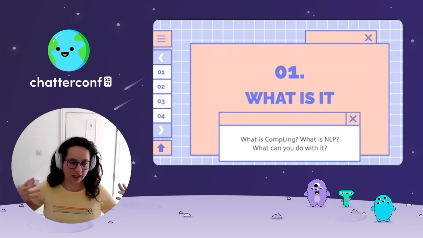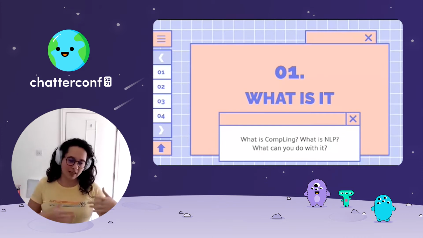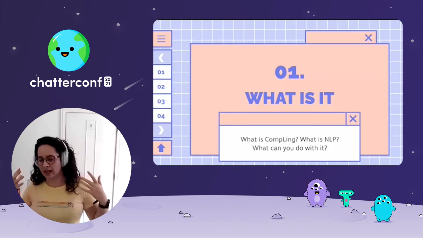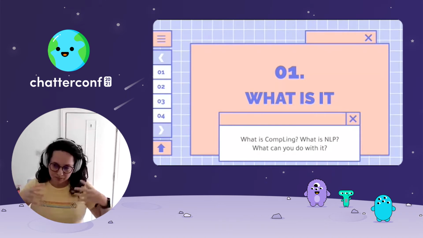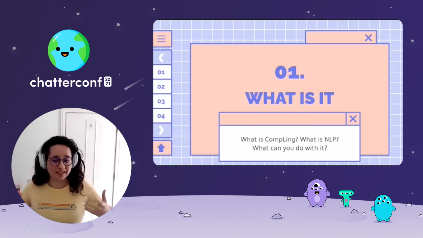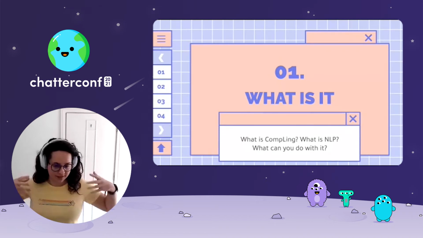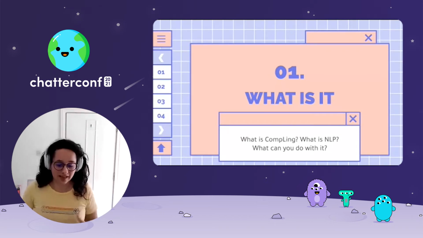And then there is, of course, digesting and creating models and predicting useful things with this language, and then using that to create applications, right?